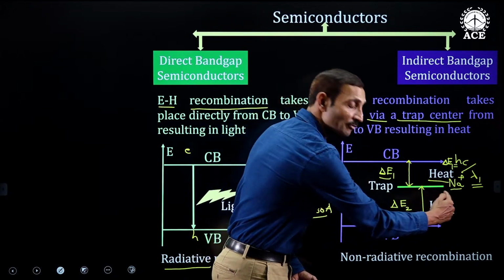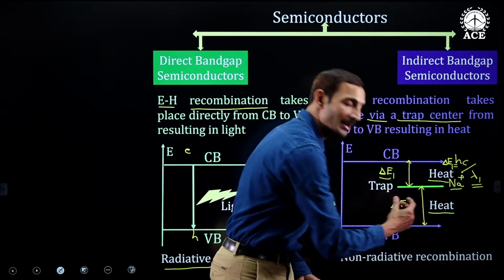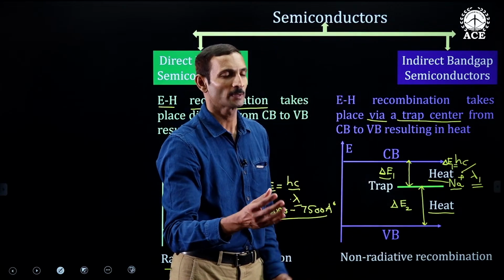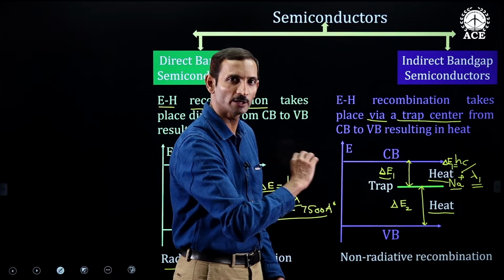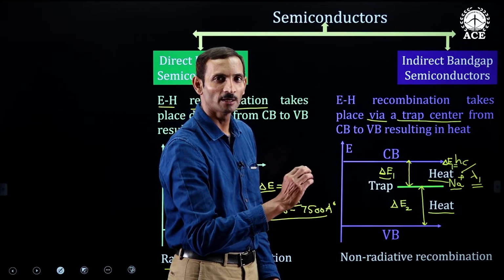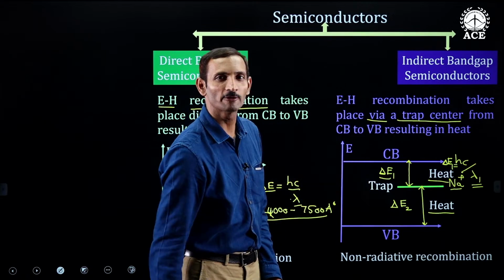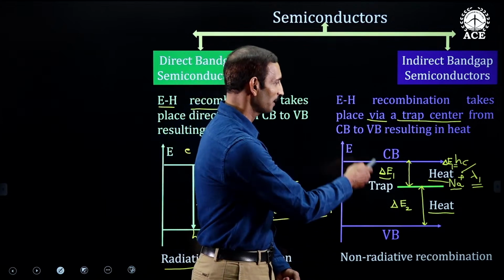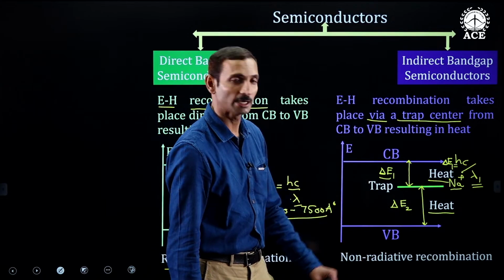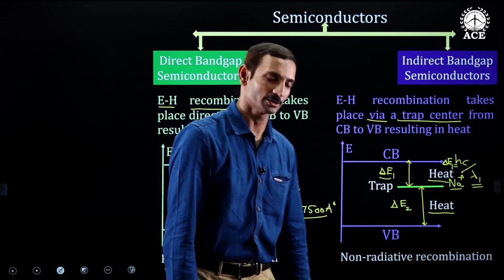There may be another trap somewhere here, another transition there, and then to the valence band hole. So that corresponds to different transitions, resulting in higher values of lambda, which would fall in the infrared region, resulting in heat. These particular transitions are known as non-radiative transitions. Such materials are nothing but indirect bandgap semiconductors.